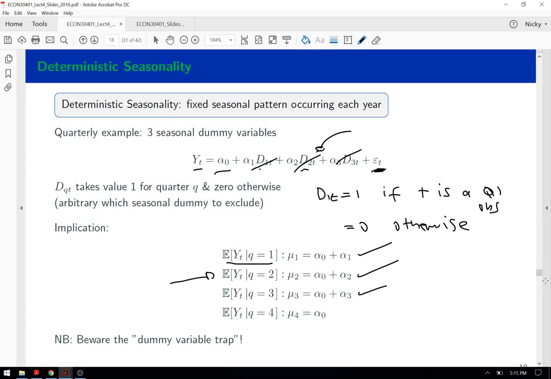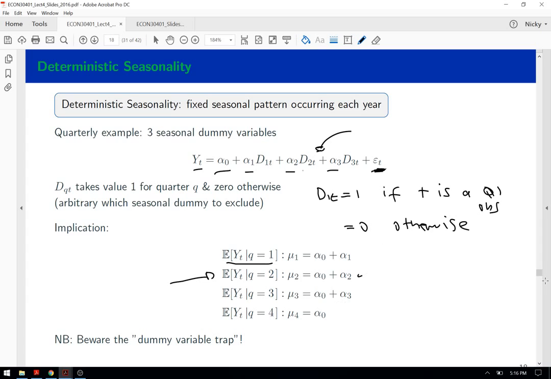So you can see how these dummies, with alpha 1, alpha 2, alpha 3, allow the mean to change in quarters 1, 2, and 3, and therefore alpha 0 is the base mean. It's the mean in quarter 4. So for example, alpha 3 is the difference in the mean of y between quarter 4 and quarter 3, and so on. So these have very clear interpretations.